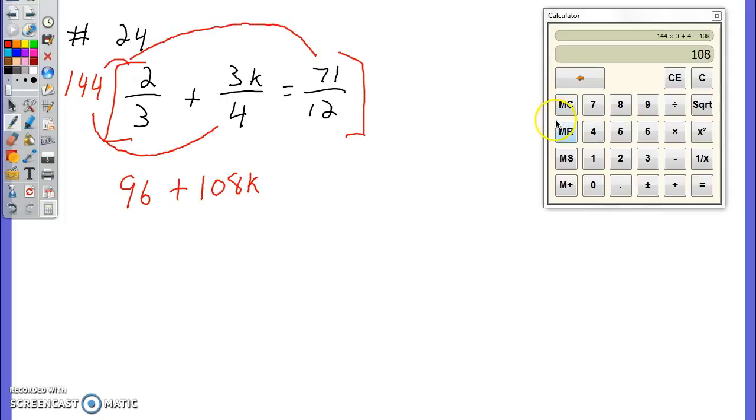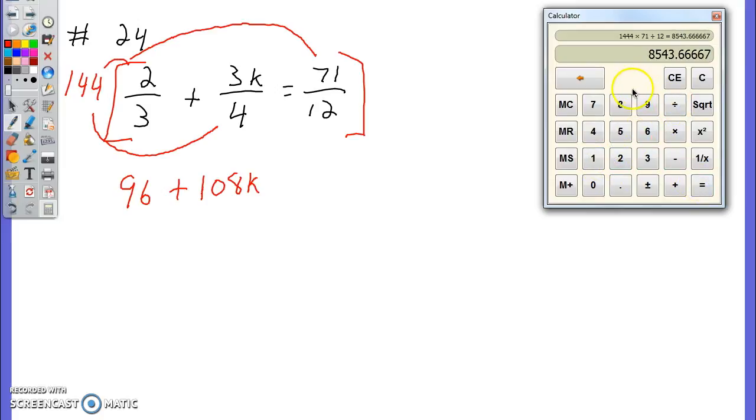So now I have to do it with 71 over 12. So I'm going to say 144 times 71. That equals 10,224, but we divide that by, whoops, made a mistake there. So 144 times 71 divided by 12.